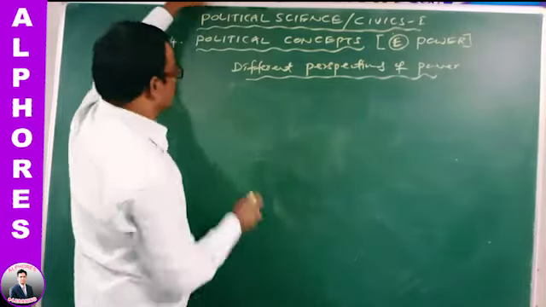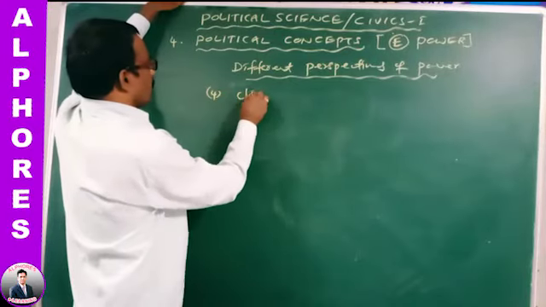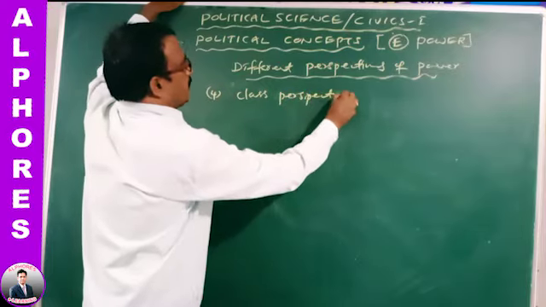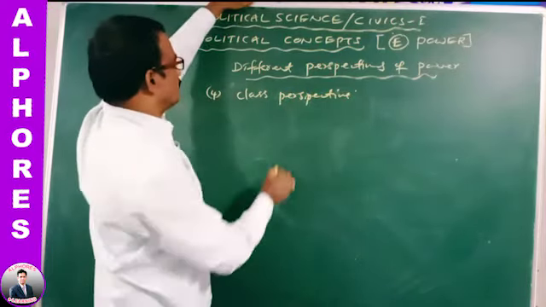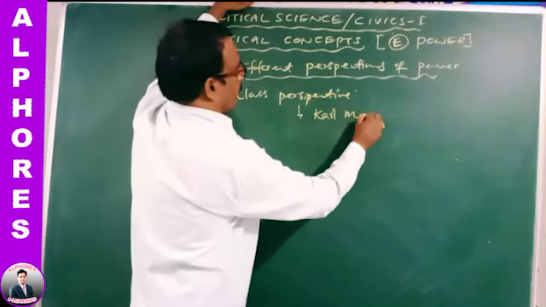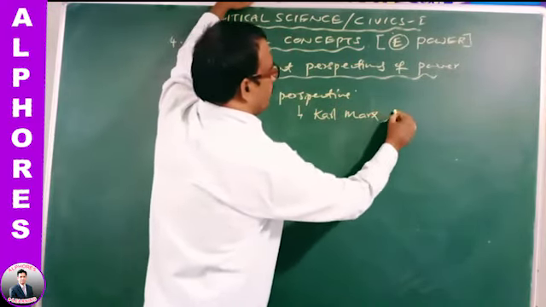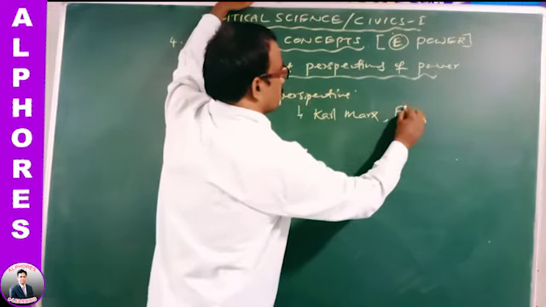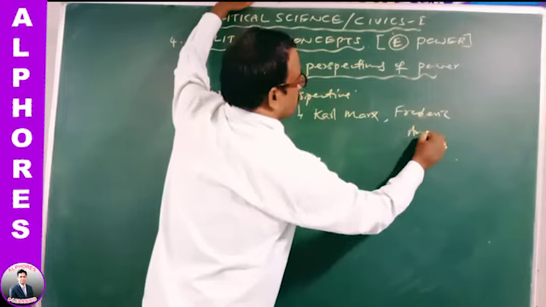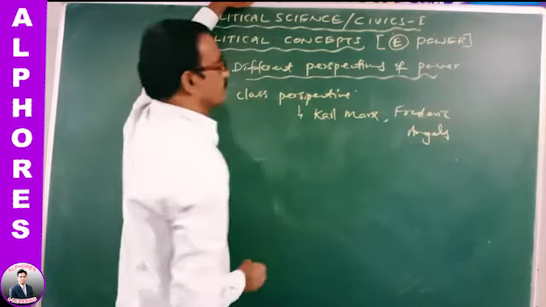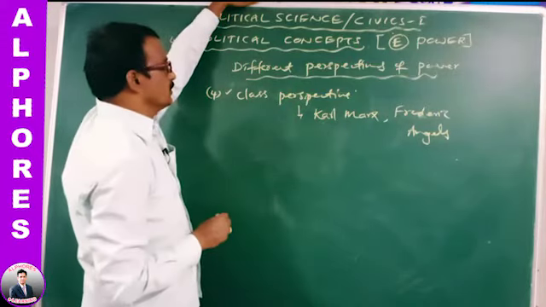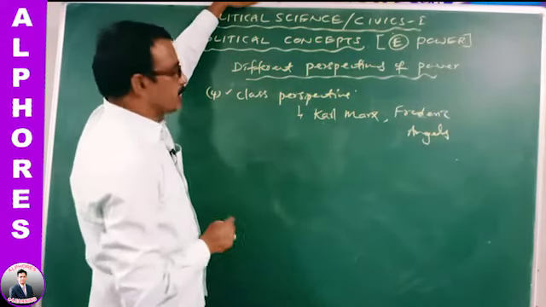Then the fourth one is class perspective. This perspective was developed by Karl Marx and his friend Friedrich Engels. Clear?